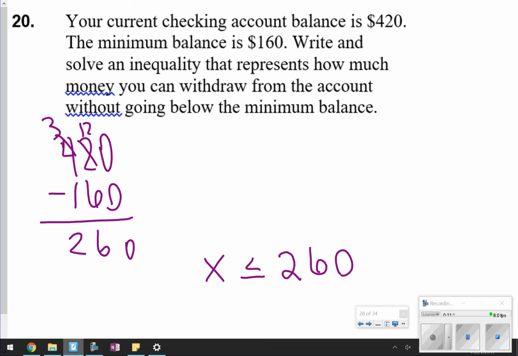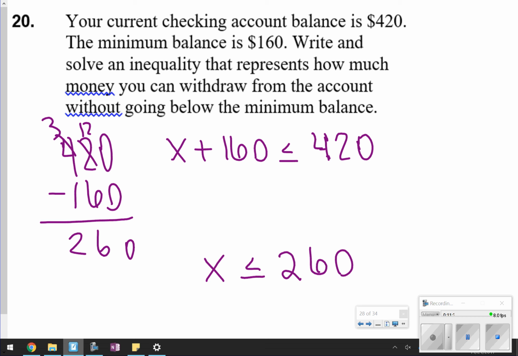Okay? How did we get there? Well, we knew that we subtracted, so maybe we can show X plus that 160 is less than or equal to $420. Okay, so notice I'm working backwards here because it's a little bit harder to write this inequality if you're trying to work forwards.